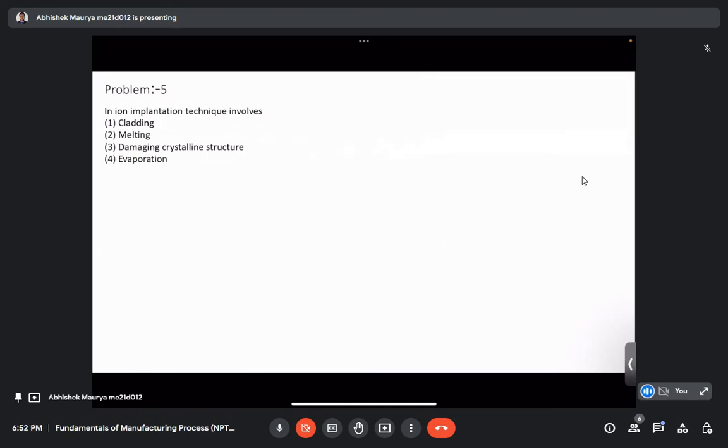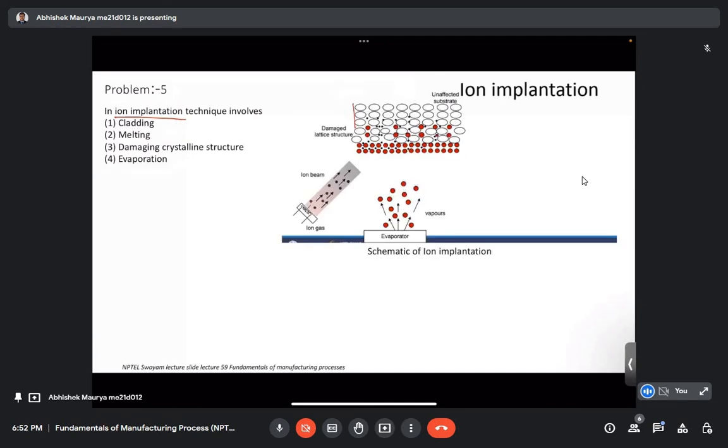It is also a method of improving the surface properties of a material. So how is it done, or what does it look like? Initially, suppose we have a substrate material like this. This is our substrate material.